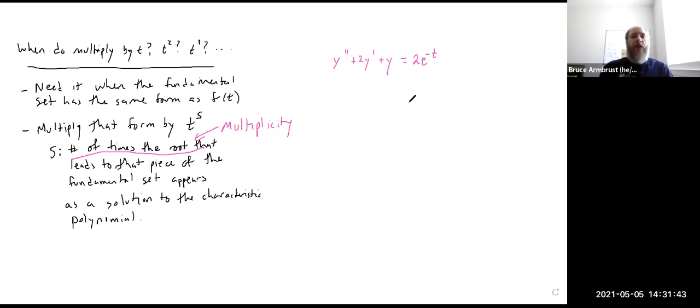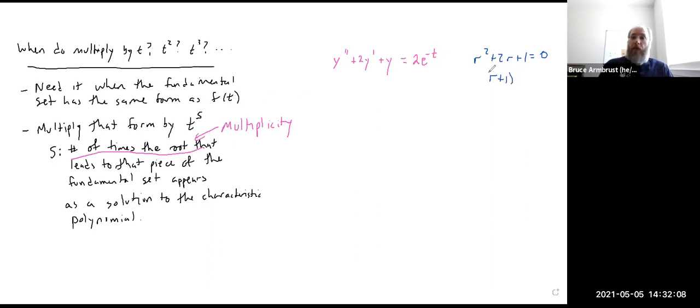So the very first thing you should do with any of these problems is immediately go to the homogeneous. Because the homogeneous, A, you need to do it. But then B, we need to be able to check and see if it shows up in our guess.